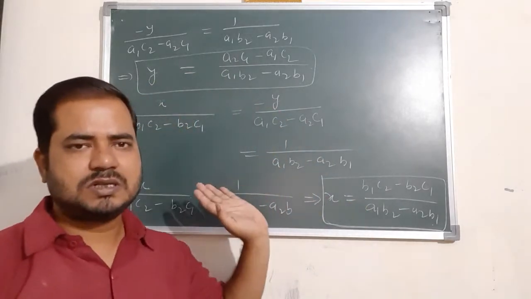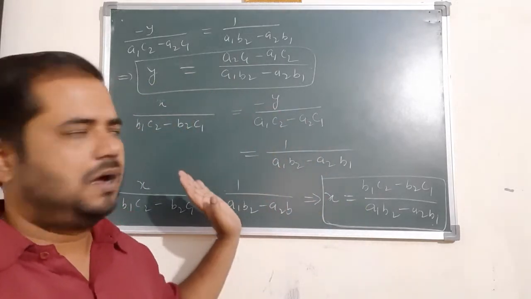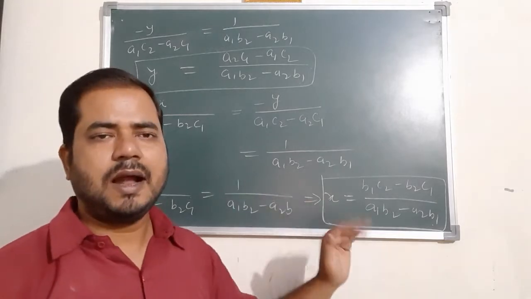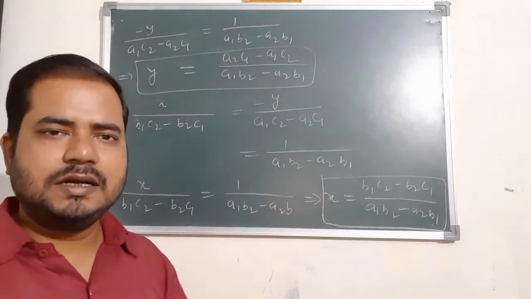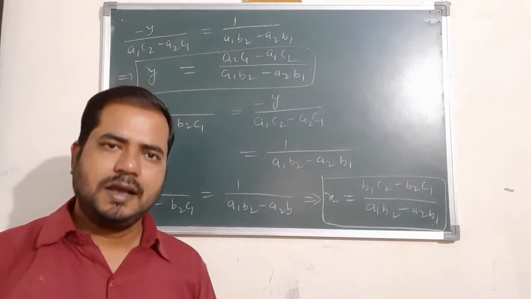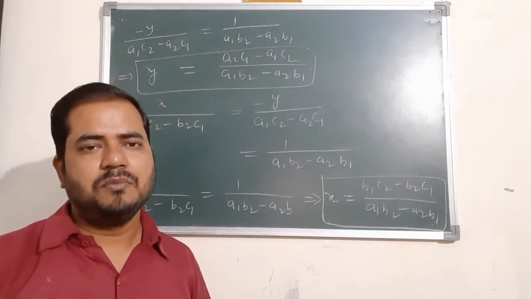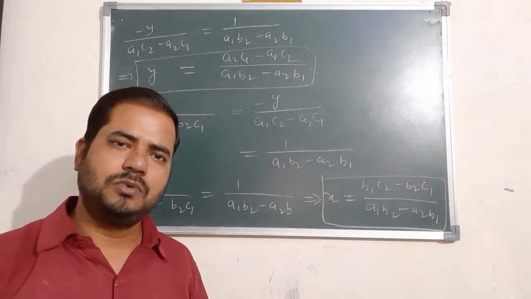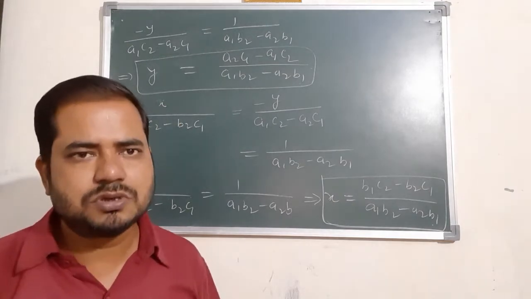Afterwards we will see an example based on the cross multiplication method, and then we will see the conditions for the pair of linear equations to be consistent, inconsistent, to have many solutions, a unique solution, or no solution.